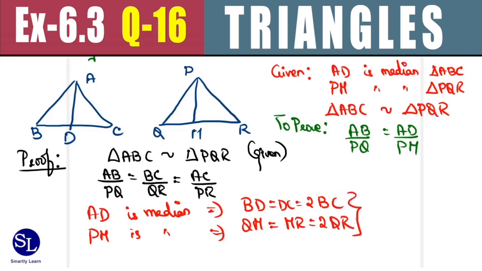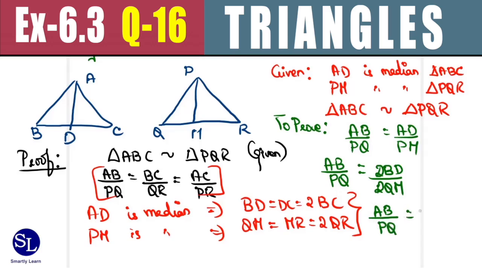So I'm going to use this particular property in the proportion. Let's take this proportionality that we have written. So AB by PQ is equal to 2 times BD divided by 2 times QM. Now, I'm going to take away the 2, which means AB by PQ is equal to BD by QM.